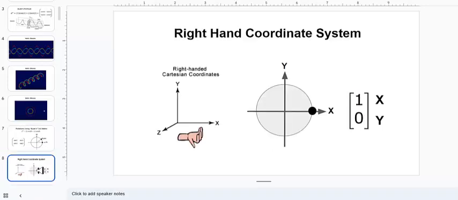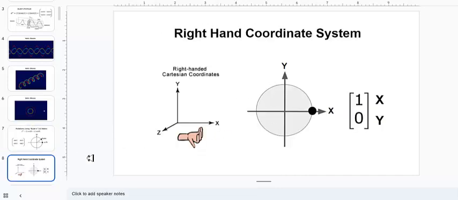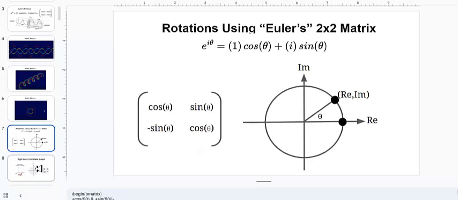Okay, so here is a picture of the right-handed coordinate system. X is on the horizontal and Y is on the vertical. So X is real and Y is imaginary.